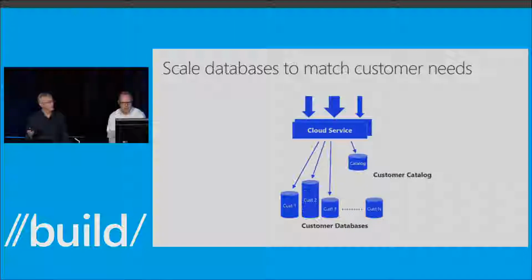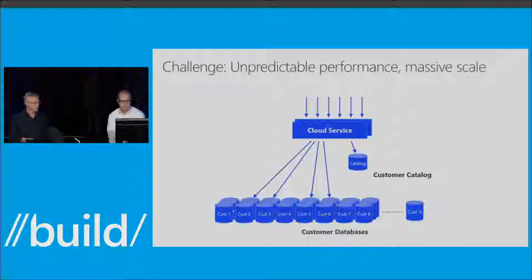So if we look here at what this means, we can think about scaling the databases to support the different loads on each database. Okay, so that was easy enough. And when we're small as a SaaS company, I can maybe manage a small number of databases that way. But you can see how that would get increasingly complicated.